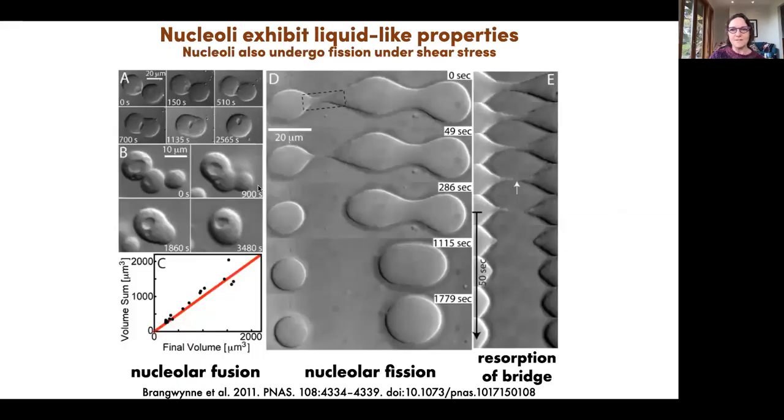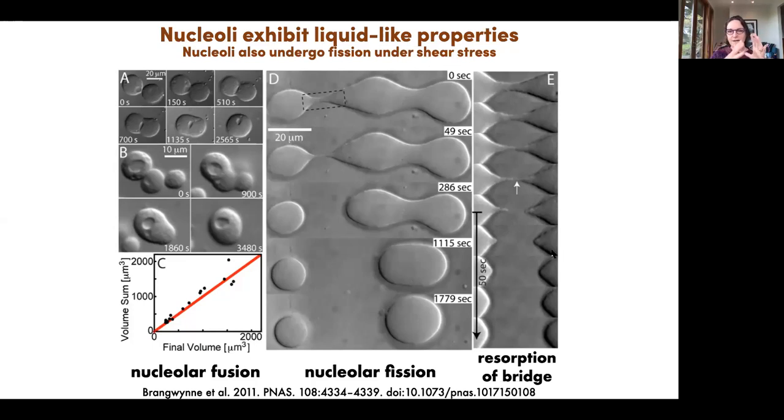All right, so this is from the same paper. I showed you an example of nucleolar fusion, and what the authors also found is that you could cause these bodies to separate, to undergo a fission process by applying shear stress. And again, that is a property of a liquid, and the way that this happens, you get this kind of bridge, and then eventually this bridge gets resorbed into the droplet on either side.